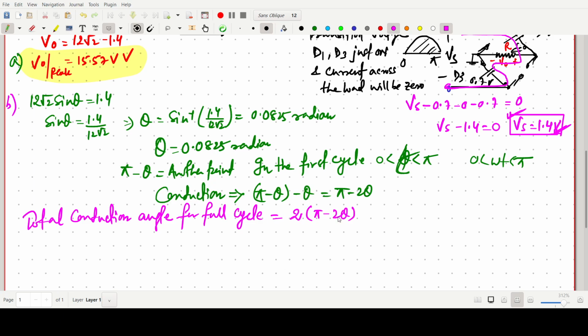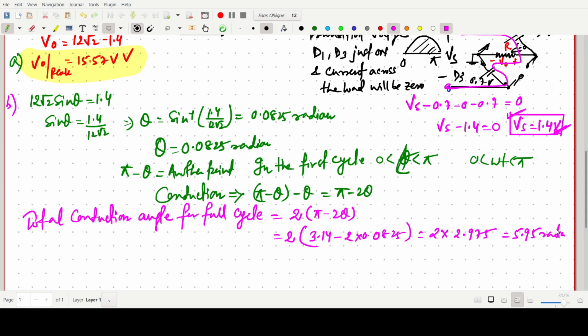Now we can easily solve, writing in radians: 3.14 minus 2 into 0.0825. I have already solved four more problems before this one, so go through all the problems and your concept will be more clear. Solving, 2.975, so it will come 5.95 radian.